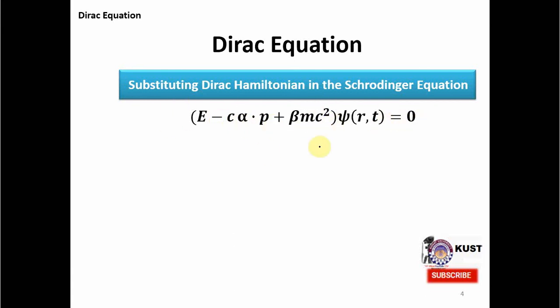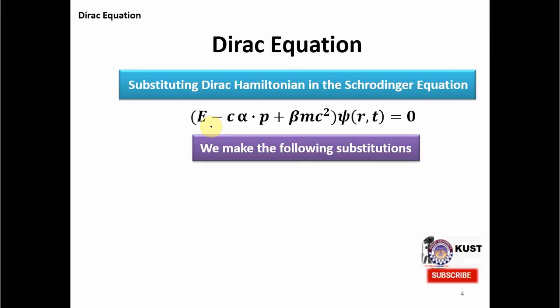Now this resulting equation is not quadratic in any derivatives, not in the space derivatives and not even in the time derivative. So we make the following substitutions again. If we replace E with i h bar del by del t, and we replace p with minus i h bar del by del x, you see now E is entering with one derivative and p is entering with one derivative, and there is no square involved.